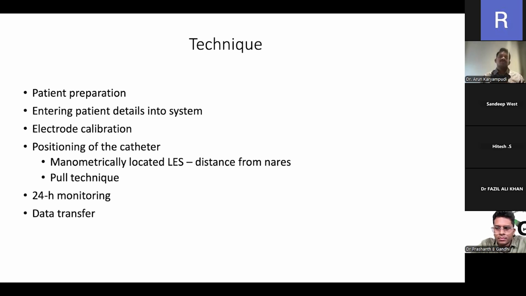Preferably place the probe in the morning and avoid placing probes in the afternoon or evening, because analysis sometimes becomes very difficult and tricky when you place probes later in the day.